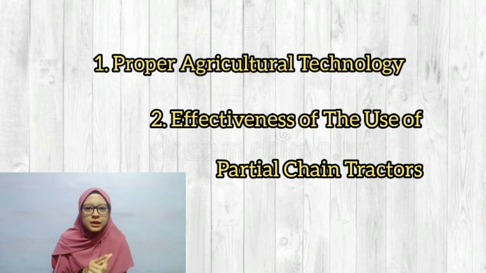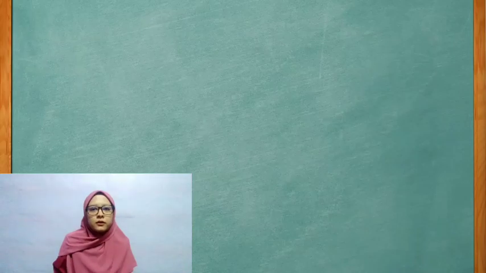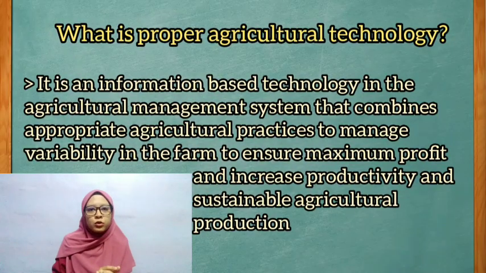Today I will talk about two things, which is precision agriculture technology and the effectiveness of the use of partial chain tractor. First, I want to talk about precision agriculture technology.